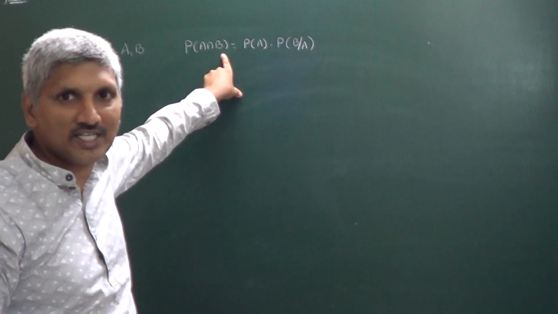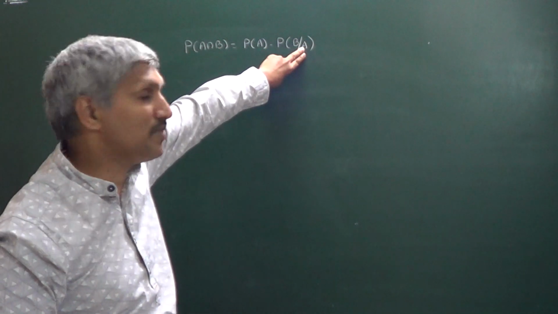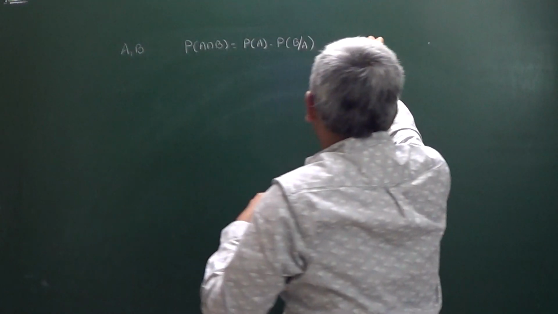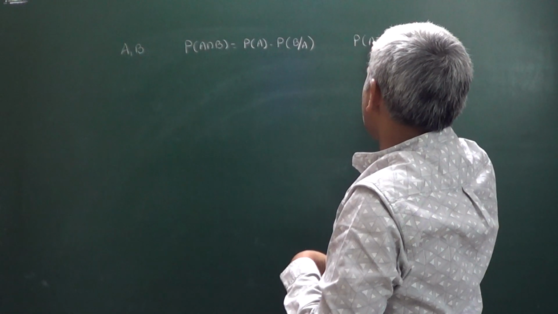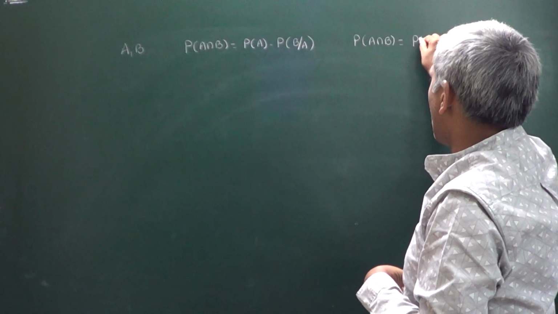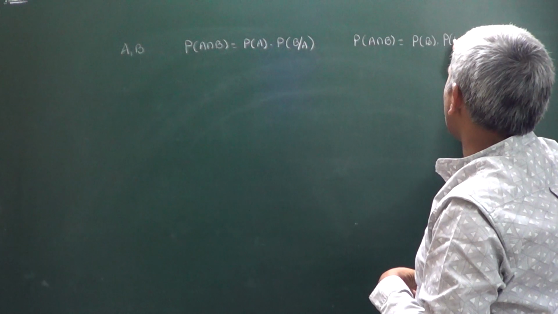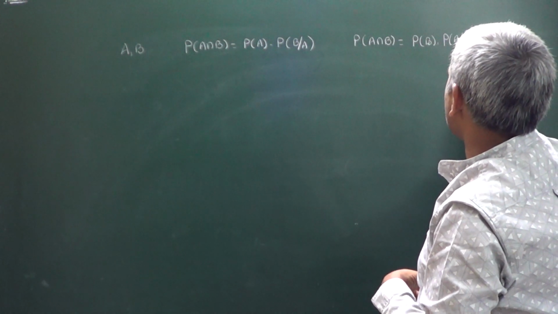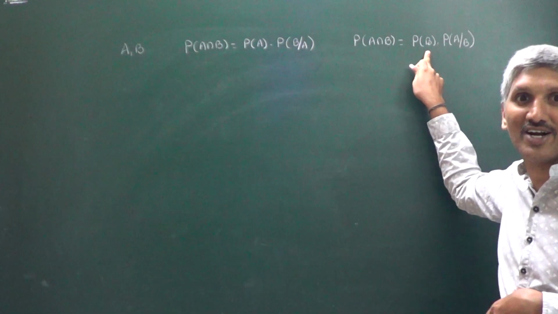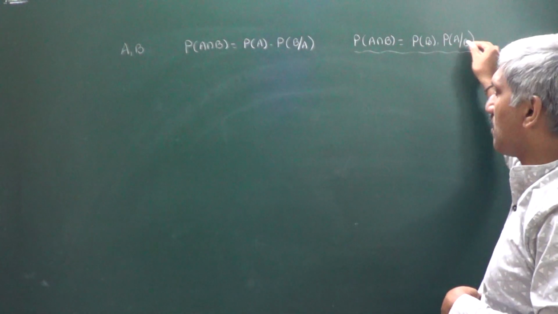P of A intersection B is equal to P of A into P of B by A, or we can also write it as P of A intersection B is equal to the probability of occurrence of B into the probability of occurrence of A under the condition that B has already occurred. So this is the multiplication theorem on probability.